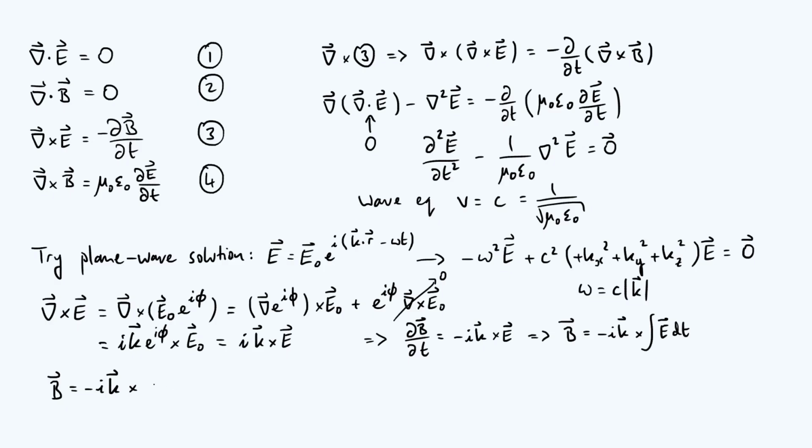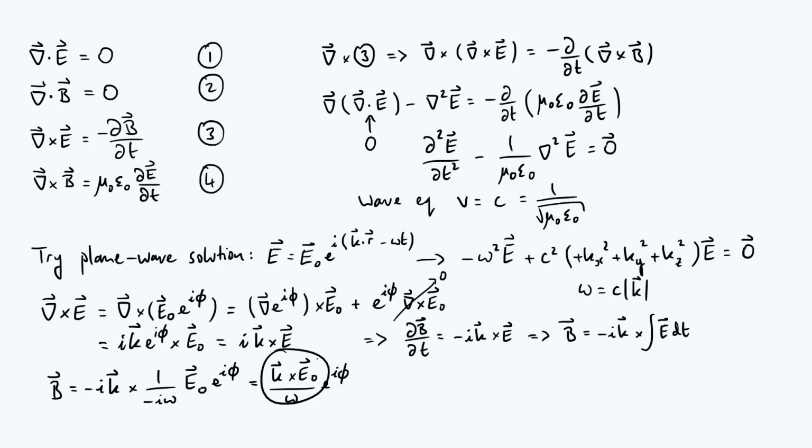And so we're going to simply get 1 over minus I omega times the whole thing, e naught e to the I phi, like that. And the minus i's cancel, and we can tidy this up a little bit, write it as k crossed with e naught divided by omega times e to the I phi.